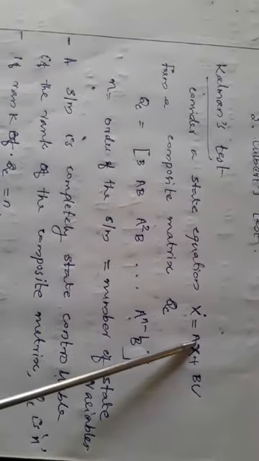The first column of QC is the B matrix, the second column is AB, then A square B, and this continues up to A raised to n minus 1 B, where n is the number of state variables or the order of the system matrix A. That is, if the number of state variables is 3, we will have these three terms B, AB, A square B. Since the number of state variables is 3, n minus 1 is 2, therefore A square.